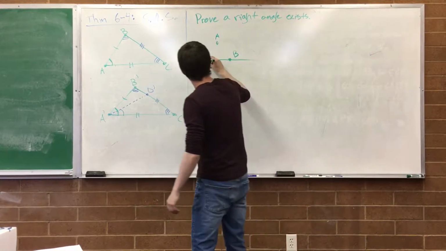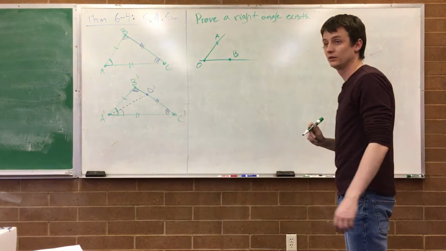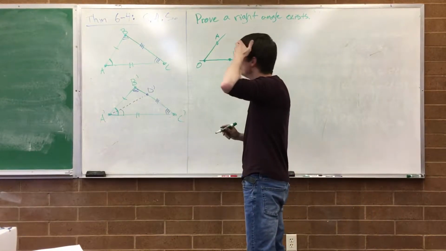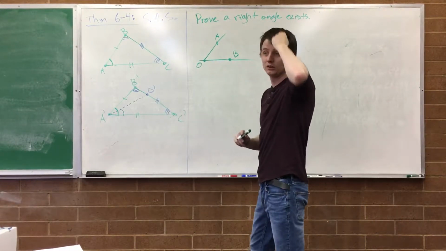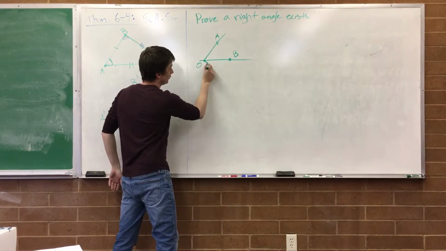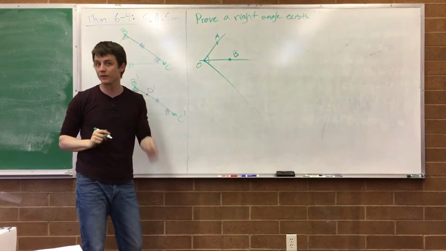So, that now gives me this angle. Now what can I do? If I have one angle, what else can I do? I can draw another one right down the other side, right? So I can draw an angle there so that that's congruent to that. I know I can do that.